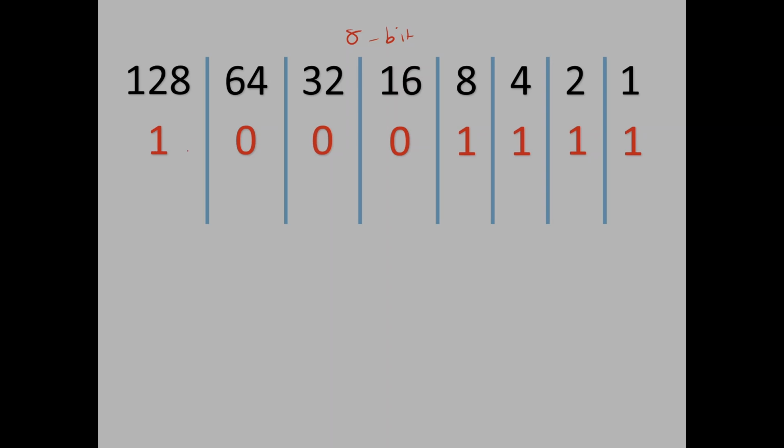So if we add these up, we've got 128, we've got an 8, a 4, a 2 and a 1. So add 4, add 2, add 1. If we add all these up, that gives us 136, 140, 143. So this 8-bit binary value is much shorter when we convert it into denary. It's only a 3-digit value.